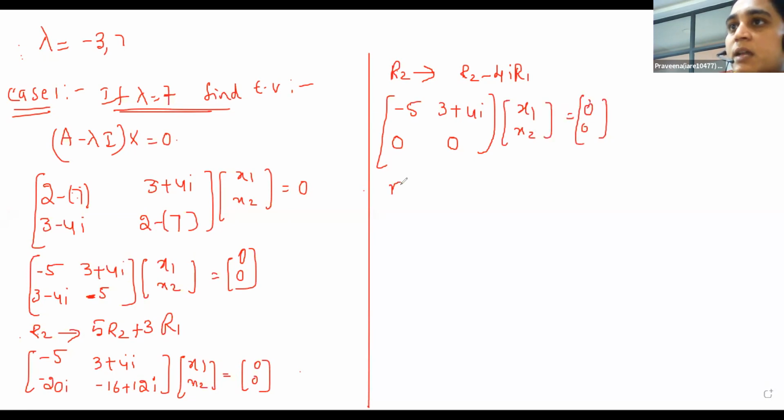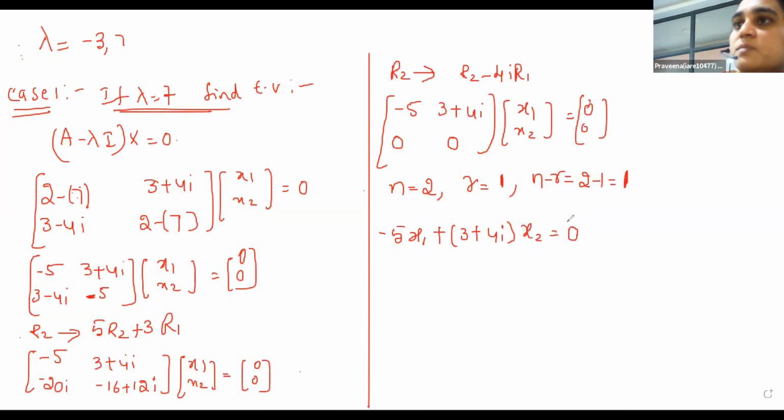Here n is the number of unknowns, 2 by 2 matrix so n is 2, and r is equal to the number of non-zero rows, 1. Therefore n minus r is equal to 2 minus 1, that is, let us take one variable as an arbitrary constant. After that write down the equation form for the matrix, that is minus 5x1 plus 3 plus 4i into x2 is equal to 0.